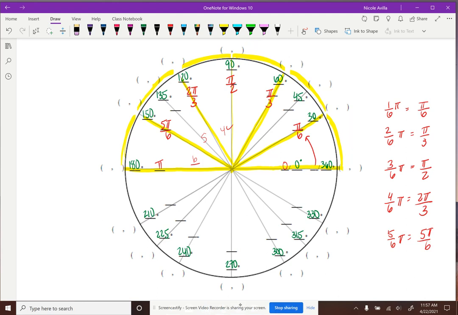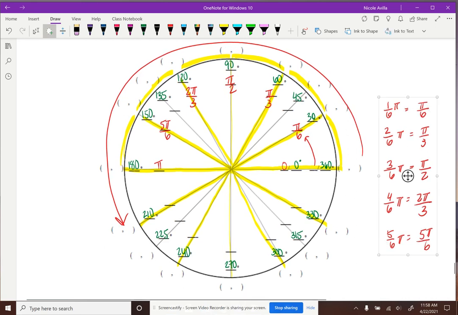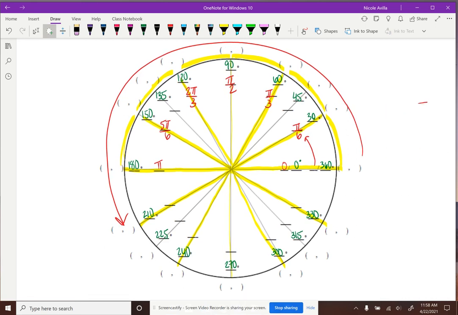Now, the other thing that you can do is you can use the same idea to continue measuring our radians into the bottom 2 quadrants. So if I continue breaking this up into slices of 30 degrees at a time, by the time I get from 0 and I go all the way around to 210, I really have 7 slices of pi, or 7 slices of 30 degrees.